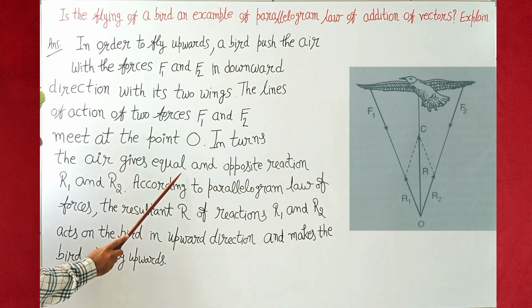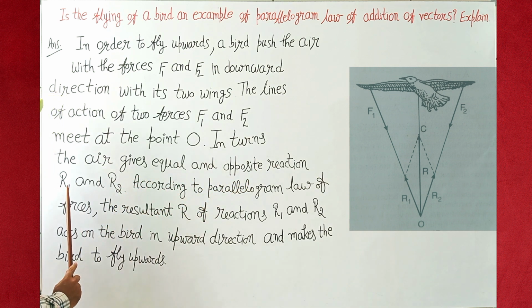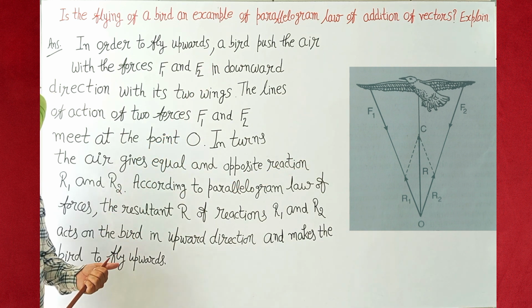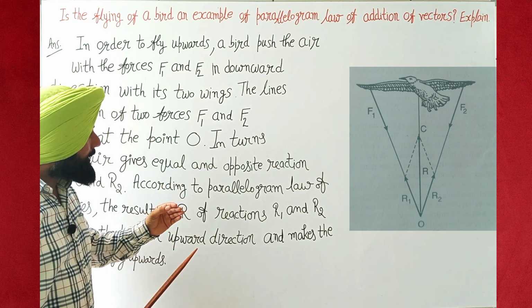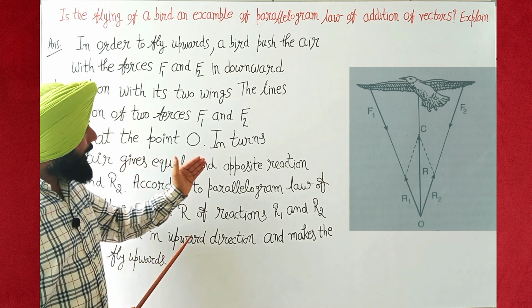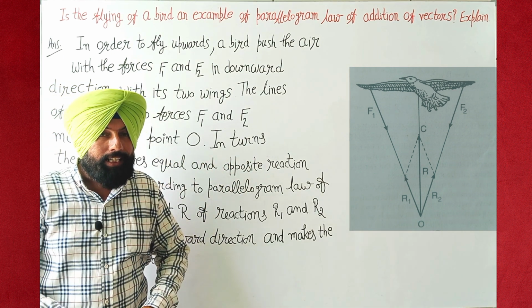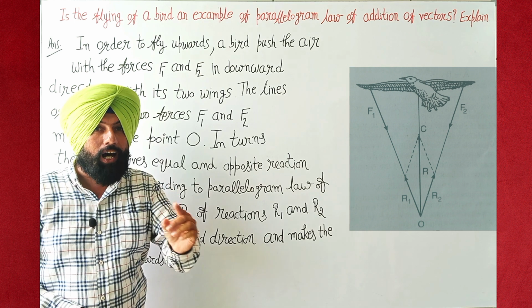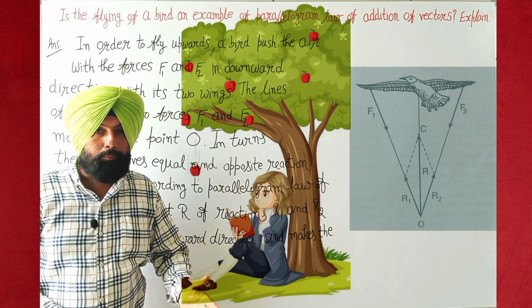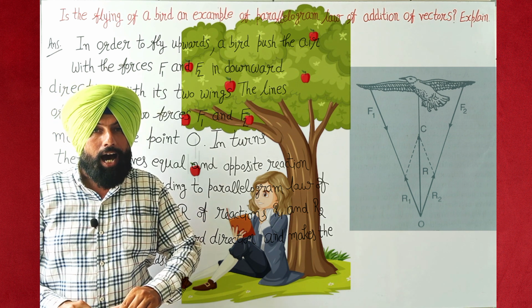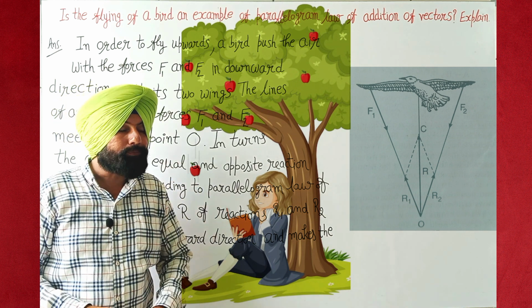Air gives equal and opposite reaction R1 and R2. Why does the air give equal and opposite reaction? Here we are applying Newton's third law of motion: to every action there is equal and opposite reaction.